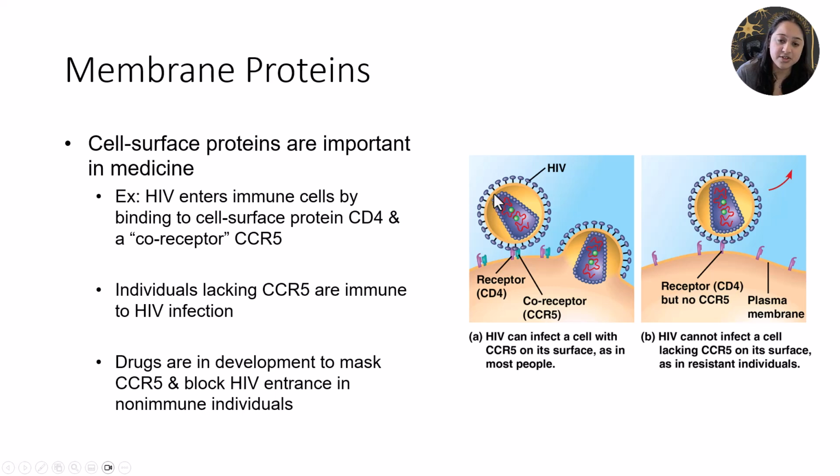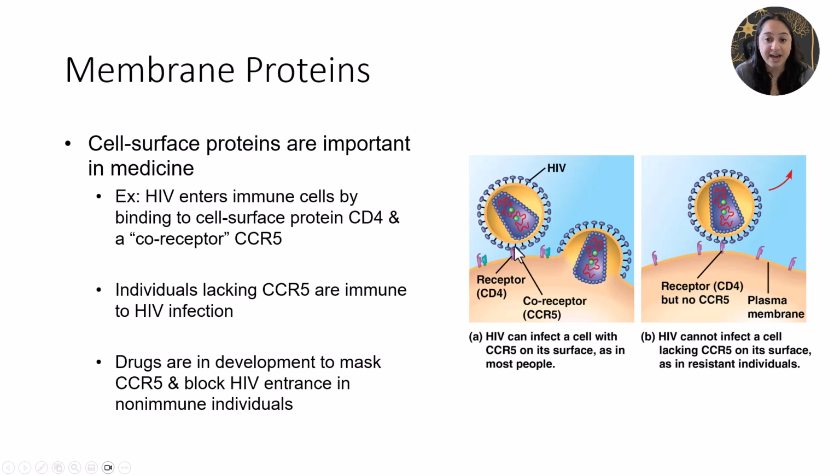On the surface of virions, there are little proteins that stick out. They happen to resemble some of the molecules in our cells, and so they will trick our receptors into taking them in. HIV enters immune cells by binding to cell surface proteins. There's one receptor called CD4 and a co-receptor called CCR5.